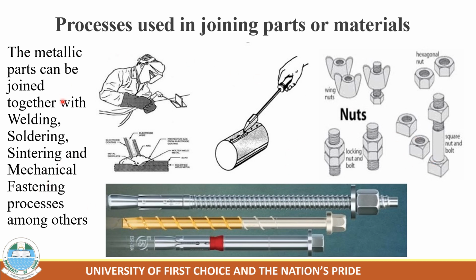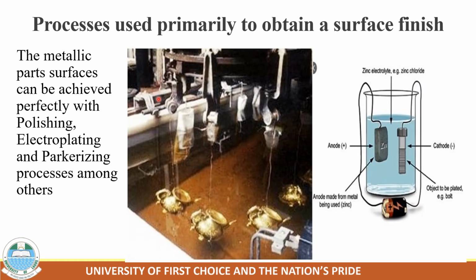So all the processes I made mention of are processes used in joining parts or materials together in metalworking. The last process is used primarily to obtain a surface finish.